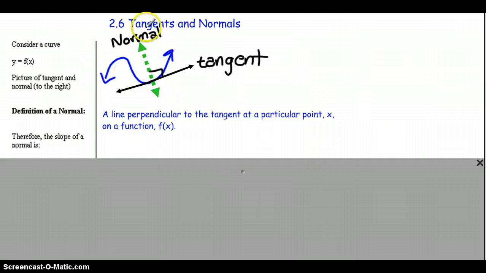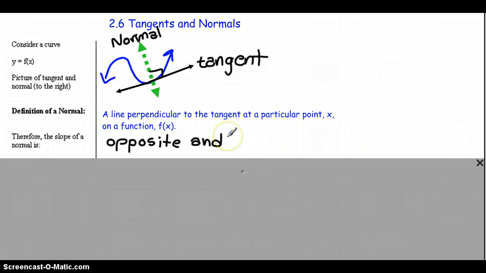Therefore, the slope of a normal: I'm going to take the opposite and reciprocal of whatever my original slope is. And remember, this is back to Algebra 1. Anytime you drew a perpendicular line, you took the opposite and reciprocal slope. And that would make the line go in the opposite direction.